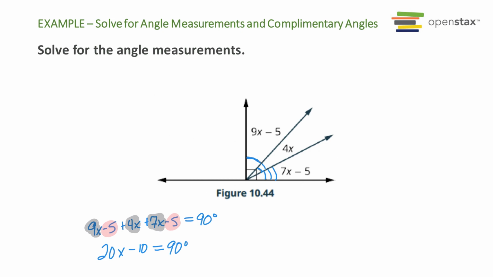So once again, this is called a two-step equation because we're just going to do 2 steps to solve it. The first step is going to be add 10 because that's the furthest away from x, and the opposite of subtraction is addition. So we'll add 10 to both sides, and I've run out of screen space, so 20x equals 100, and then divide by 20, so x equals 5.